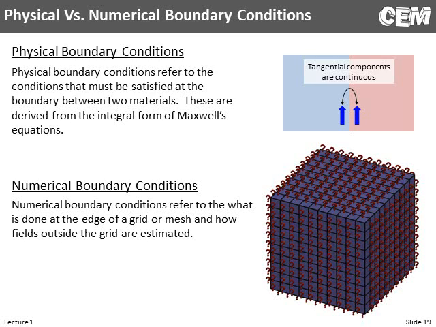So I like to call what you got from differential equations in your physics classes the physical boundary conditions, the whole tangential field continuous across the interface thing. In modeling, we have what I'll call the numerical boundary conditions, but in the literature it just says boundary conditions, so don't be confused.